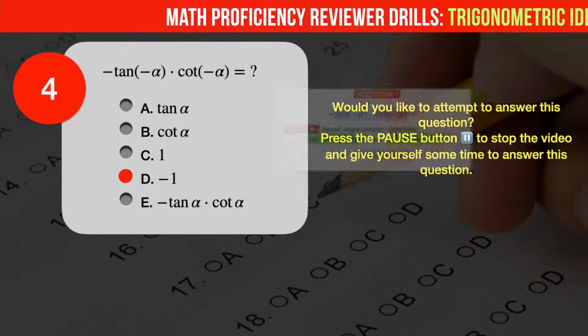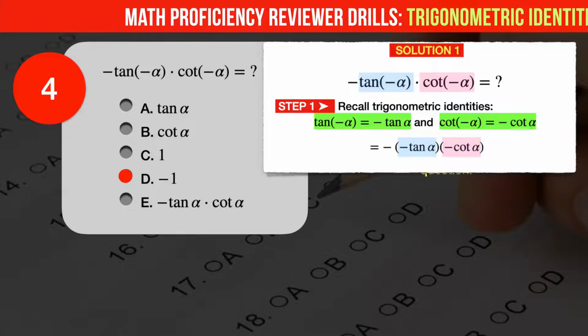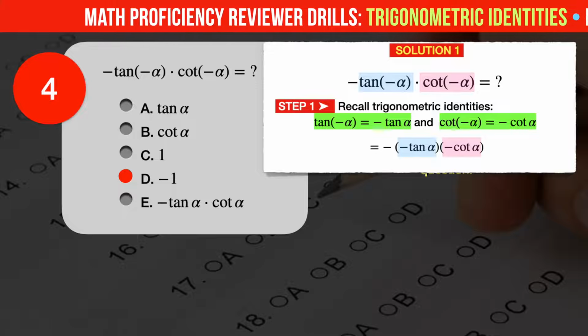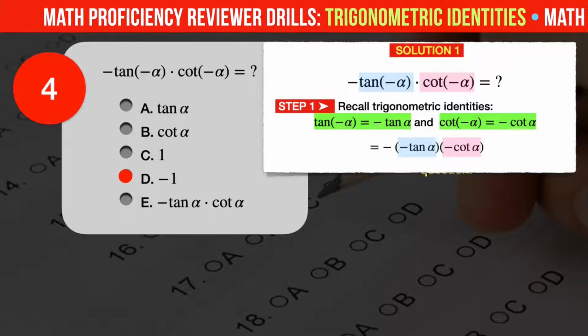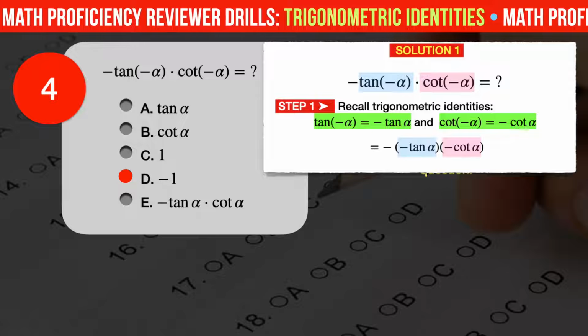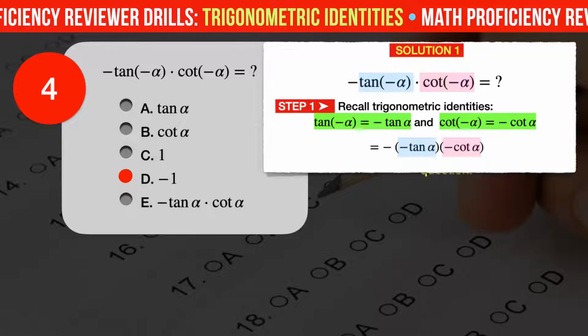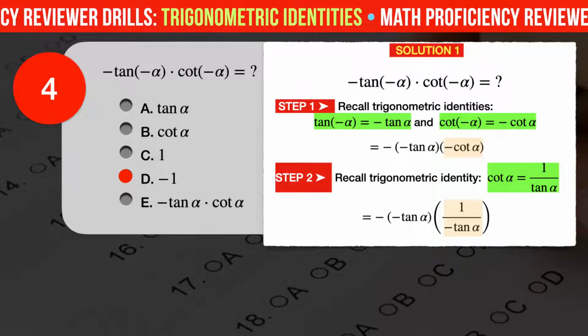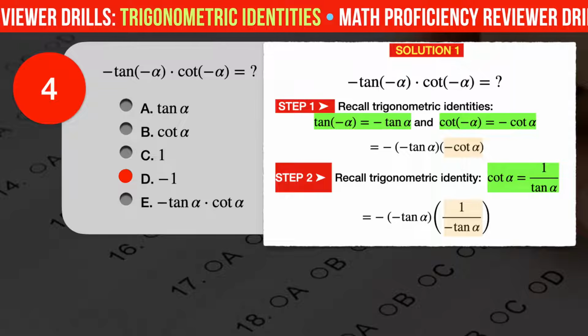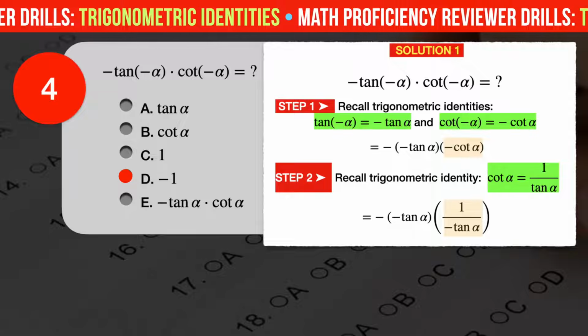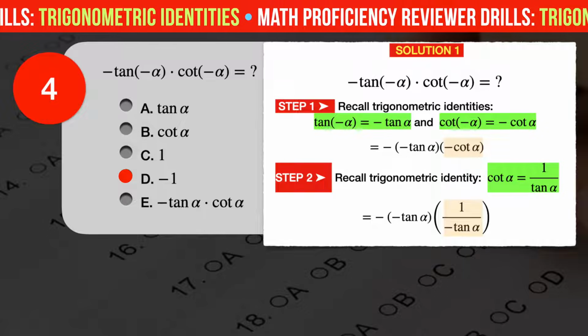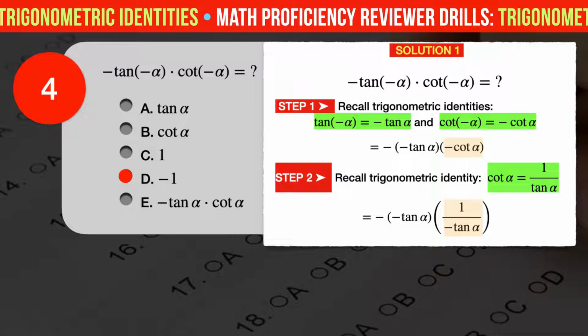Minus 1. Recall the trigonometric identities for opposite angles: tangent minus alpha equals minus tangent alpha, and cotangent minus alpha equals minus cotangent alpha. We substitute these to our given expression as shown. Next, we recall the trigonometric identity: cotangent alpha equals 1 over tangent alpha. We also substitute this to the expression as shown.